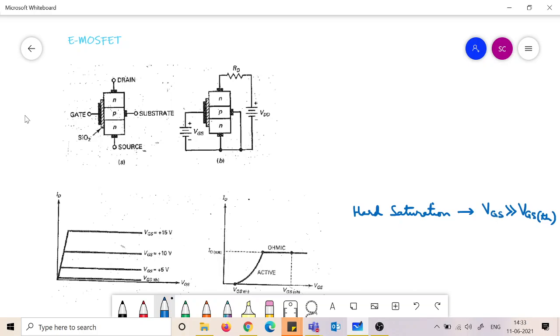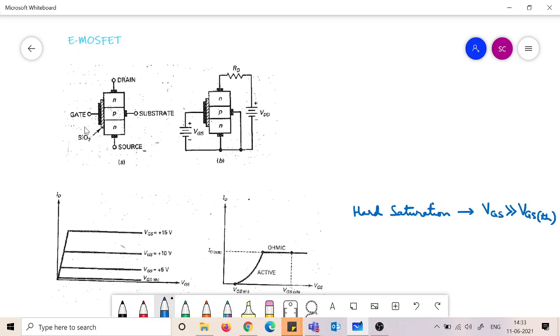That's why it is enhancement mode. The enhancement type MOSFET only works in the enhancement mode. It doesn't have a depletion mode because there is nothing to deplete further. It is already blocked. So if you just apply a drain source voltage, you will not get anything flowing here. The channel is already blocked.